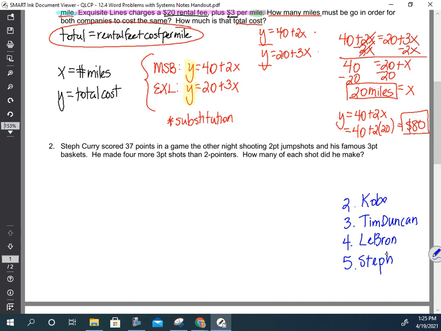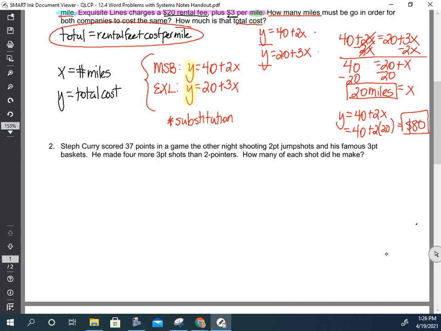This is my list, point blank, period. That's my top 5 list. If you don't like the fact that I put LeBron 4th, too bad. Anyway.